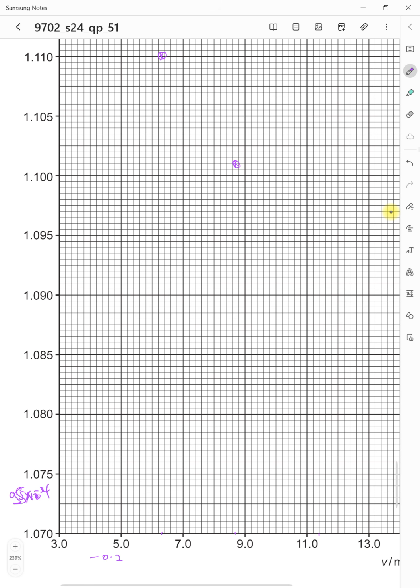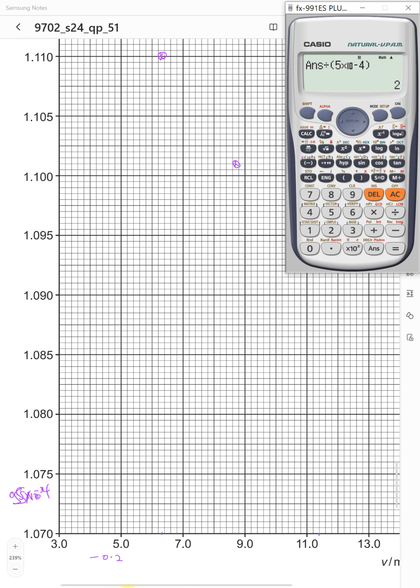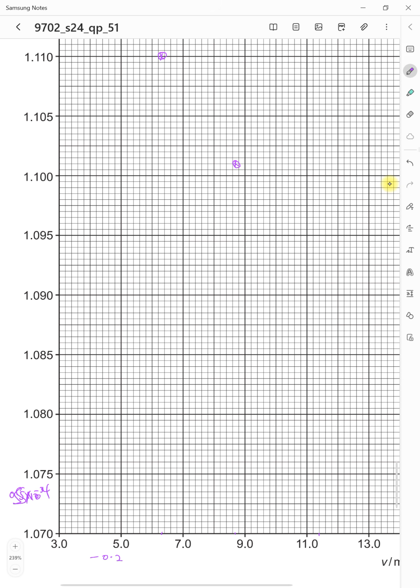So using my calculator, I'll say 1.092 minus the nearest point below, 1.09, divided by the scale, which is 5 exponent minus 4. So I'll add 4 boxes on 1.090. So 1, 2, 3, 4. So that is the point.